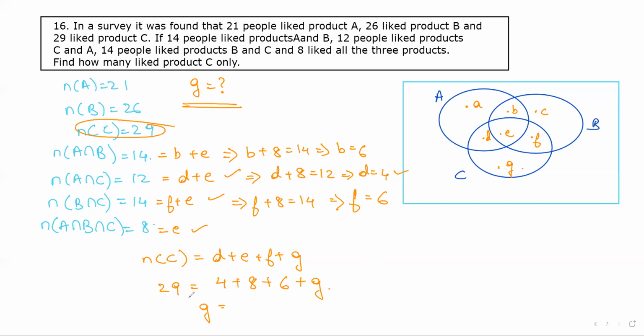So G will be equal to 29 minus 8 plus 4, 12, plus 6, 18. 29 minus 18 will be 11. So there are 11 students who like product C only. This concludes this exercise. Thank you.